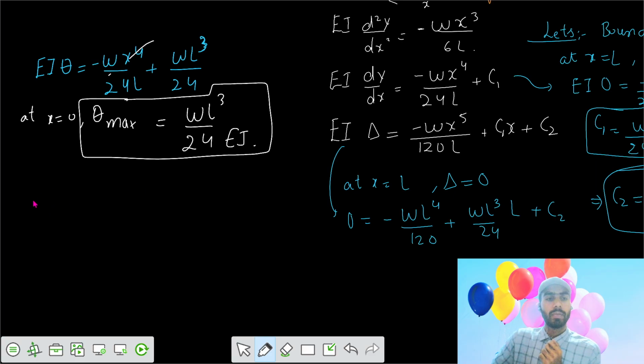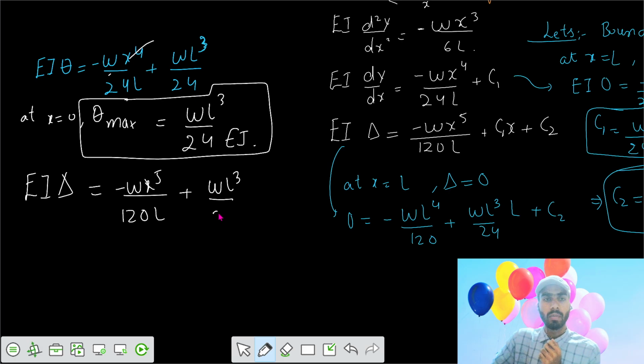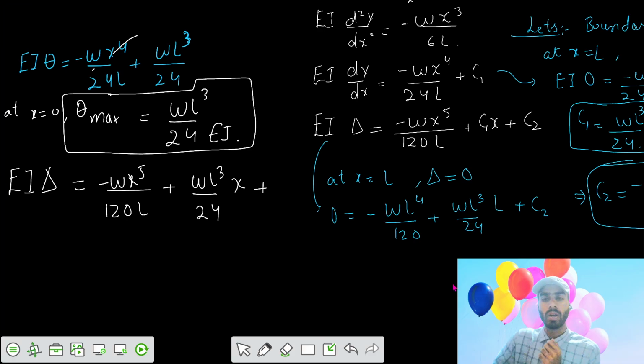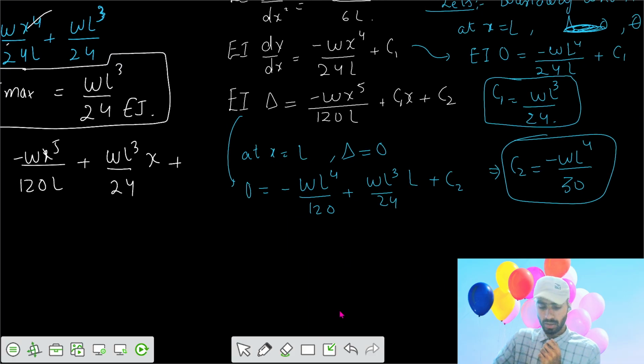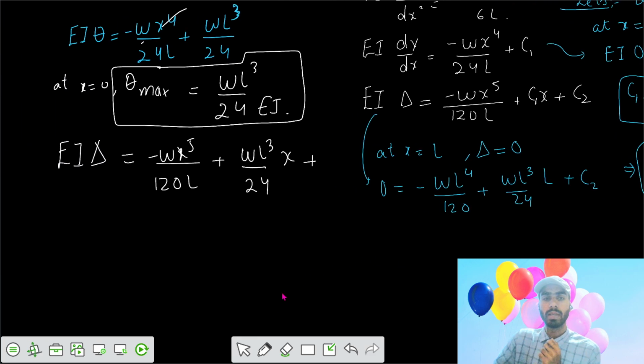Then similarly, we have the general equation for your deflection, that is minus Wx to the power 5 divided by 120 L plus C1, and that C1 value was WL to the power 3 by 24, into x, plus the constant C2, which is minus WL to the power 4 by 30.